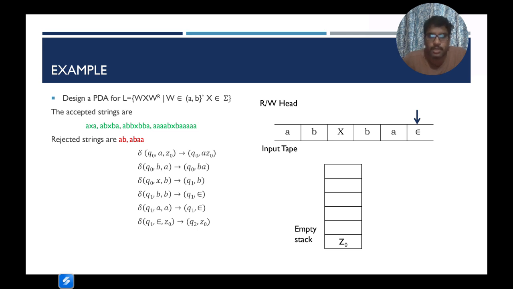For that I include Z naught. After reading the symbol a, the a will be pushed onto the top of the stack, and it is represented like this. Clear? That is the representation of transitions in the PDA.